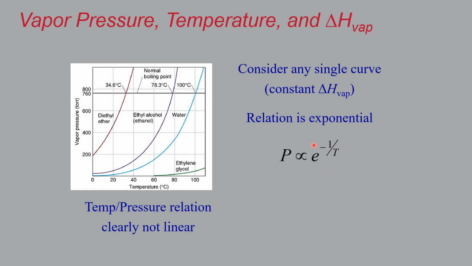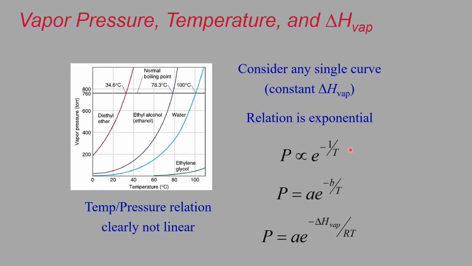This, by the way, is an equation that comes up a lot in nature. And if you want to make it an equality, the pressure is equal to some constant A times e to the negative B over T, where T here is the absolute temperature. And the question here is, what are these constants A and B?